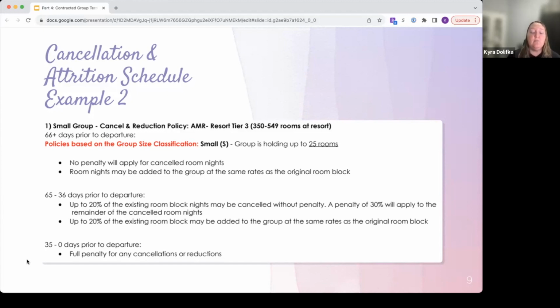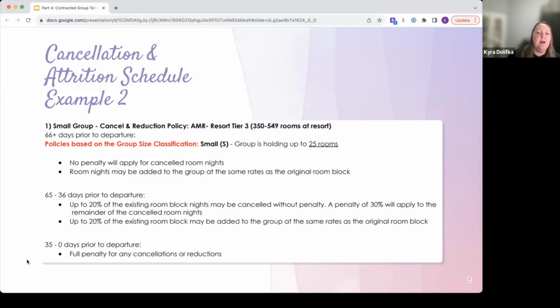So it's great to have these types of policies, but the policy that you have may dictate how you contract and block off your rooms. Okay. And they said up to 20% may be added at the original rate of the original block. And then 35 days to 0 days prior to departure is a full penalty for any cancellations or reductions.